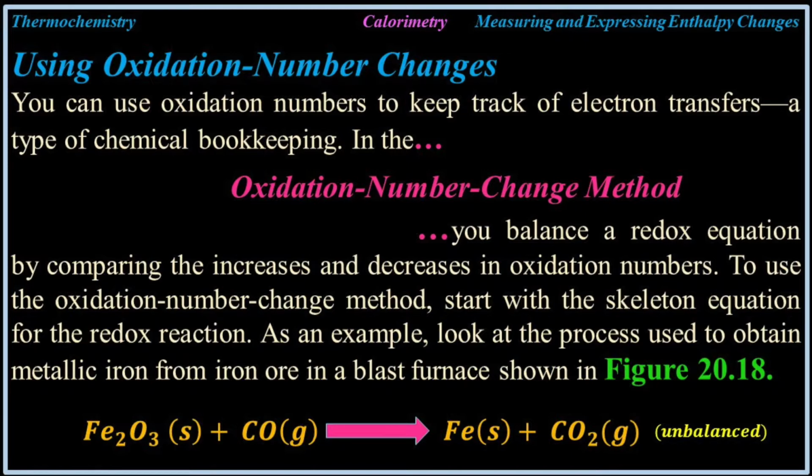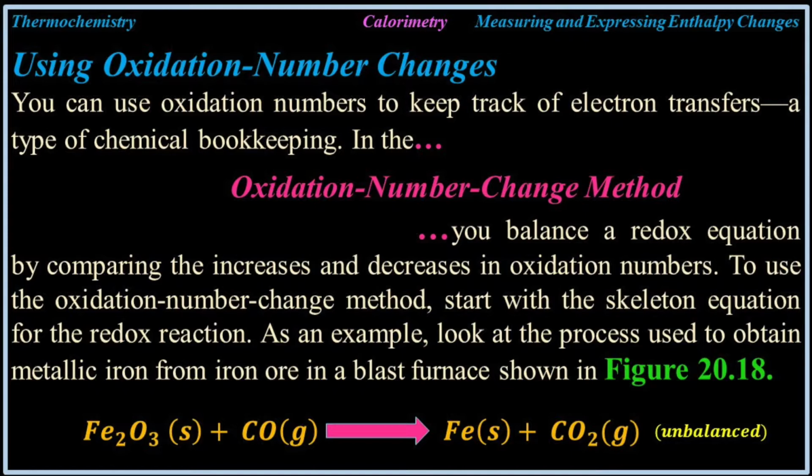Using oxidation number changes. You can use oxidation numbers to keep track of electron transfers, a type of chemical bookkeeping. In the oxidation number change method, you balance a redox equation by comparing the increases and decreases in oxidation numbers. To use this method, start with the skeletal equation for the redox reaction.